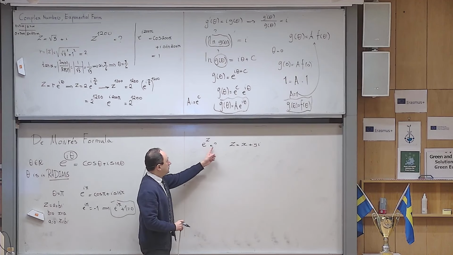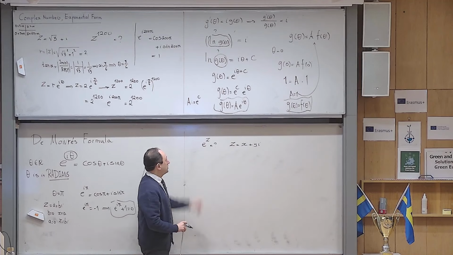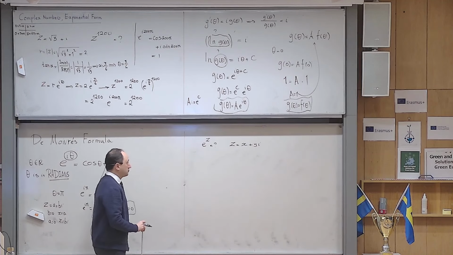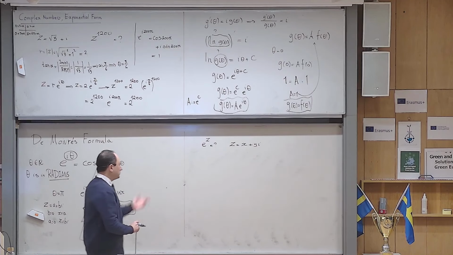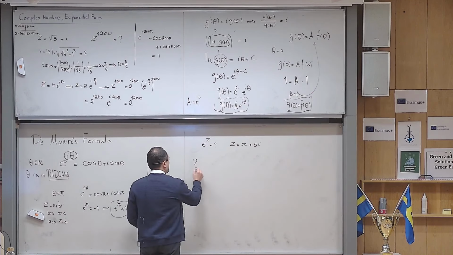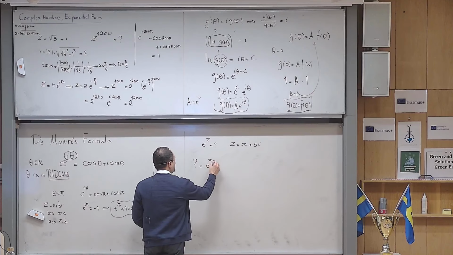I want to define this based on the previous knowledge I have about exponential functions, because I told you I want to keep the rules of the game the same. So what do you think I will define? In other words, my question mark is e to the power of x plus yi.